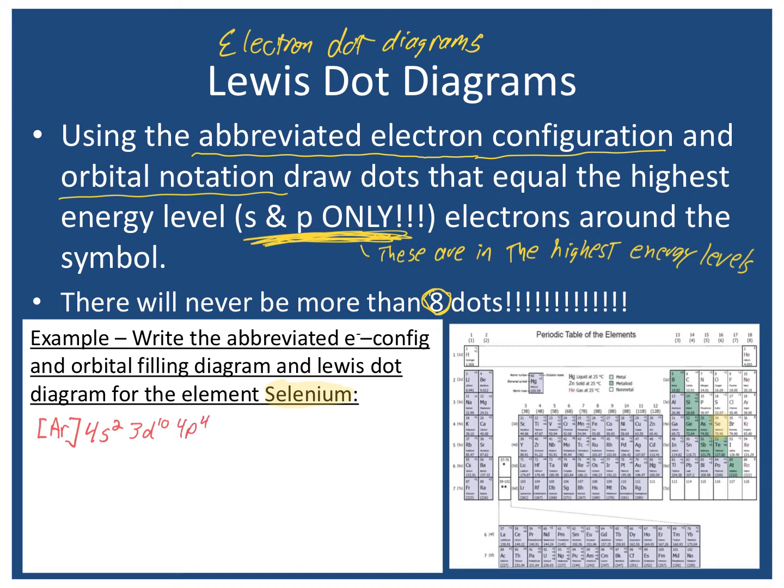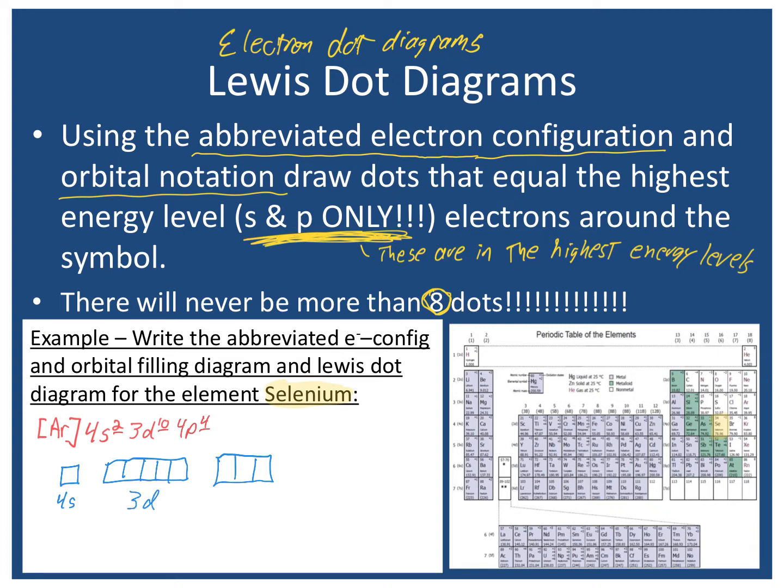To do the orbital filling, I need to draw one box. That's my 4s. I'm going to draw 5 boxes that are my 3d, and 3 boxes for 4p. I then go in and I use the exponents here, these numbers, to identify the number of electrons in each orbital.